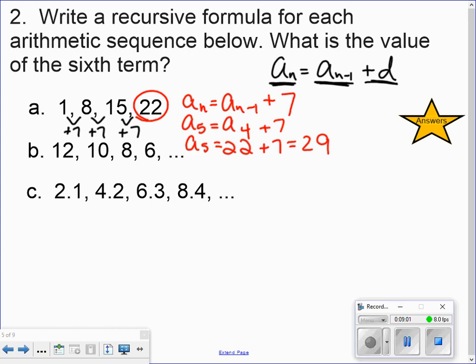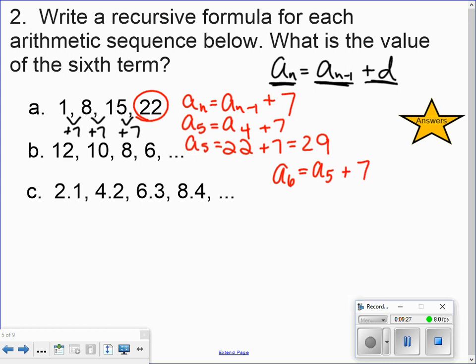All right, knowing the fifth term, now we can find the sixth term. So if we want the sixth term, we're doing a sub 6. This is the term that we're looking for. To find the sixth term, we need to know the term that came before it. So we need a of 6 minus 1, or the fifth term, plus the common difference.